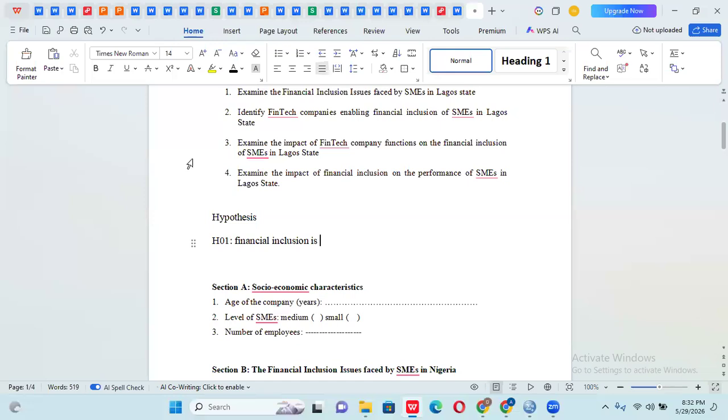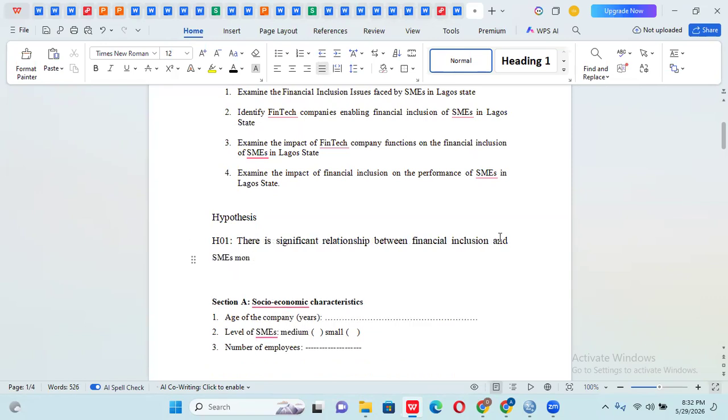Okay, let's say there's no significant relationship between financial inclusion and SMEs' yearly income or yearly profits.